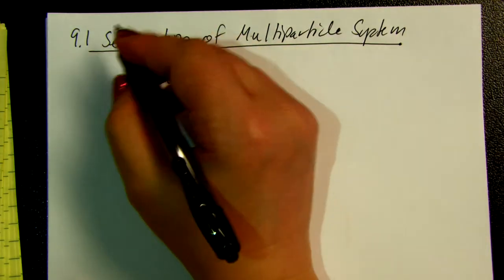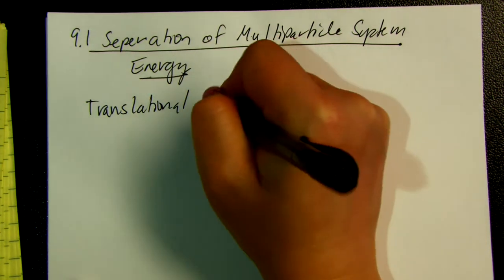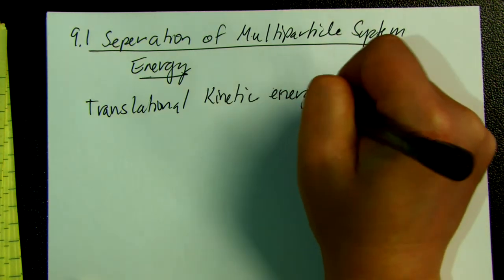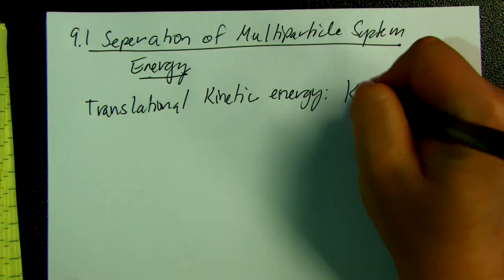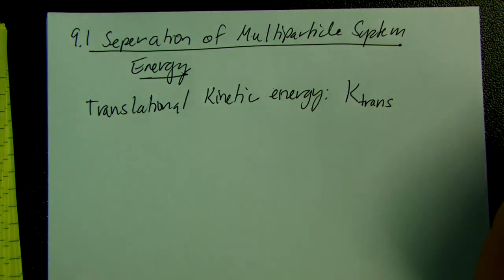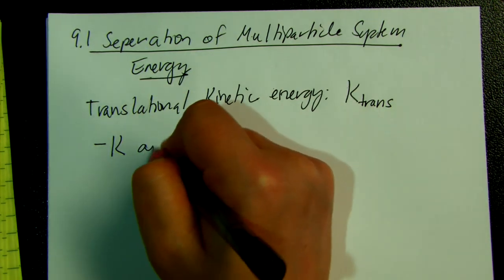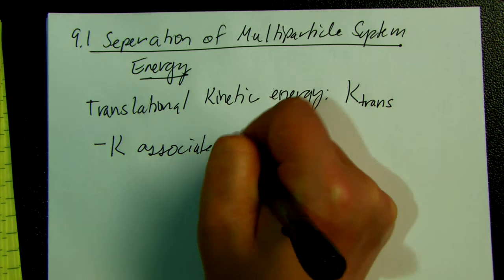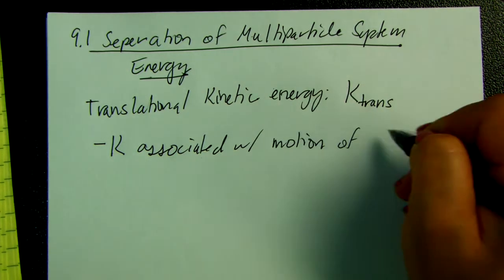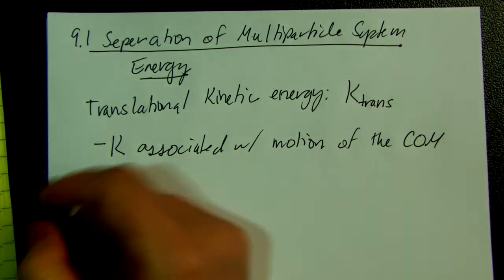All right, so I'll write out explicitly translational kinetic energy. We will denote that as K sub TRANS, K-trans, or K-translational. This is the kinetic energy associated with motion of the COM, which is the center of mass.